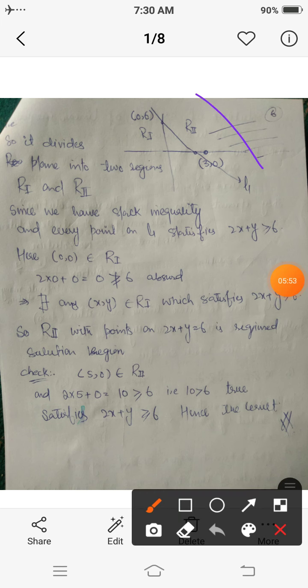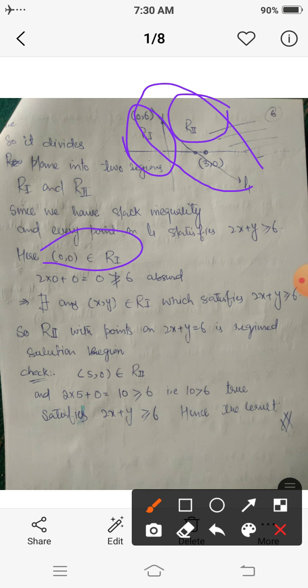This is the graph of 2x plus y equals 6. Clearly this line divides the plane into two portions, R1 and R2. Now in R1 we have the point (0, 0). If we put it in the given inequality, it is 2 into 0 plus 0, which equals 0.